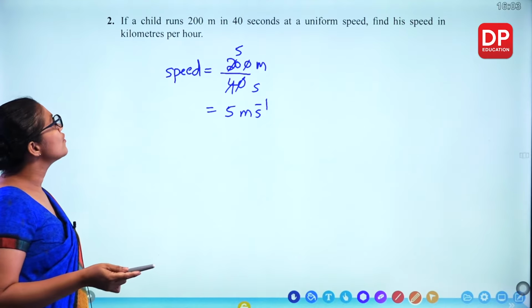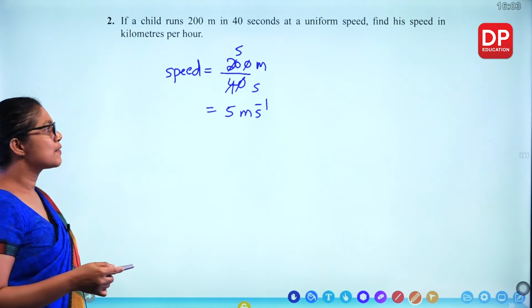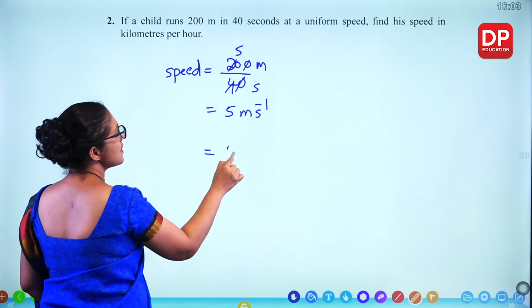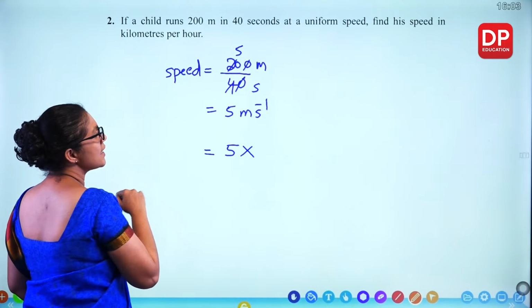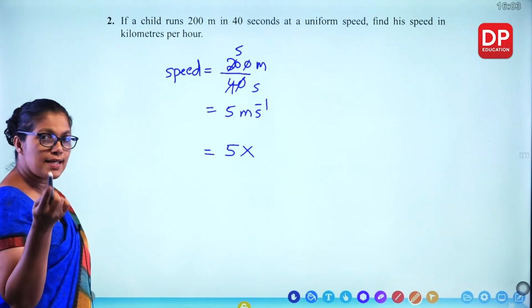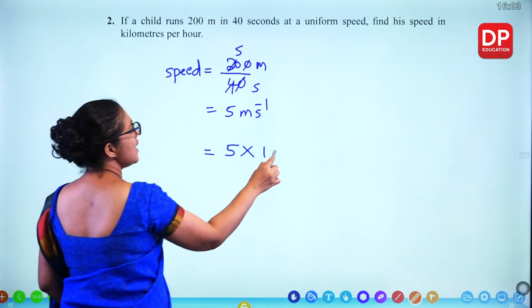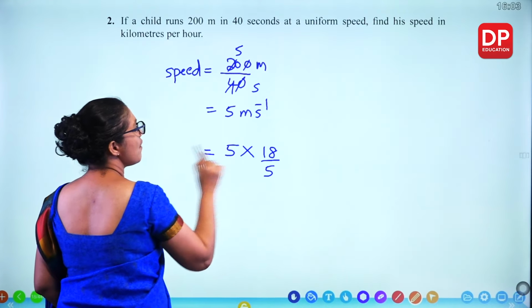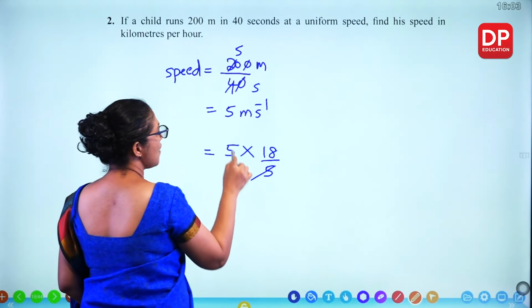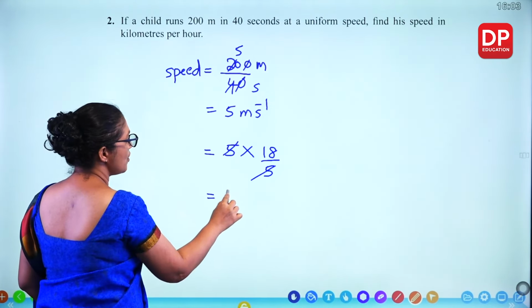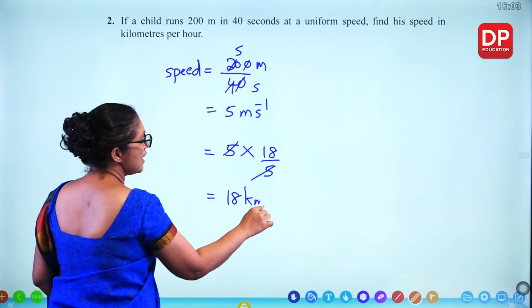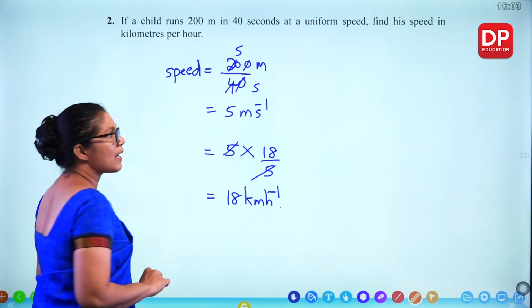Then the next step is to convert to kilometers per hour. So what is the ratio we take? Kilometers per hour is bigger value. So you take 18 in the numerator and 5 in the denominator. 5 get cancelled out. You get 18 kilometers per hour.